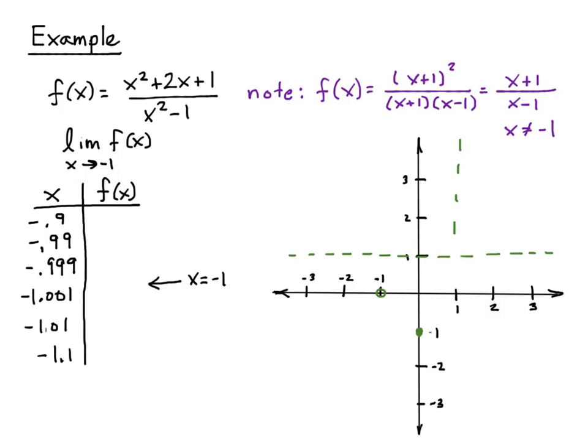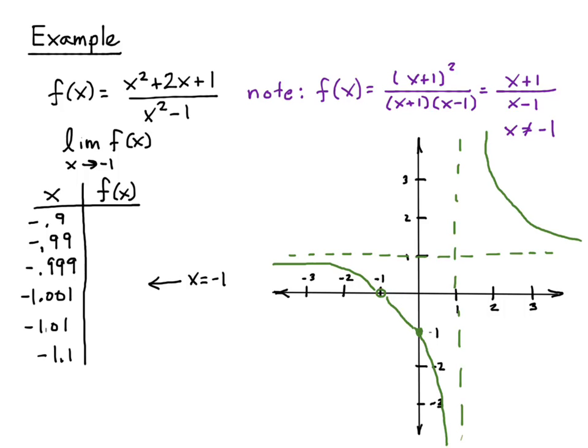Actually, let me first graph this. You know what this graph looks like, x plus 1 over x minus 1. We have a horizontal asymptote at y equals 1 because the degree of the polynomial is the same in the numerator and the denominator. We have a vertical asymptote because we know x can't equal 1, but we also know, because we've canceled this x plus 1, that this value here doesn't exist.